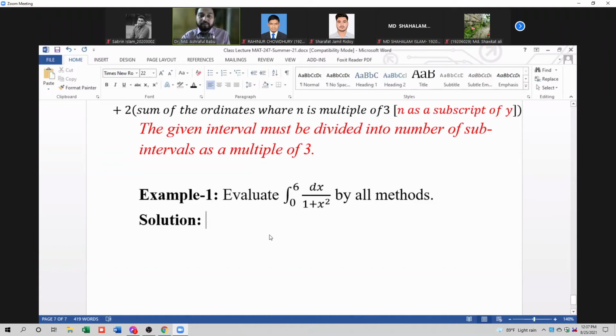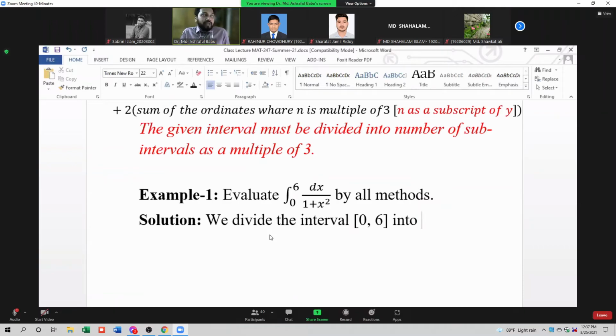Interval 0 to 6. Now the question is, we have to solve this problem by all methods: trapezoidal, Simpson one-third, Simpson 3-8 rule.